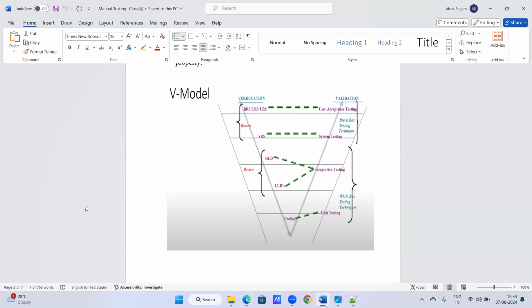These reviews, walkthrough, inspection, these three things come under static testing techniques. We call them techniques, not testing. What testing we conduct in the form of review, walkthrough, inspection, in detail you can learn in the further session. What is review? What is walkthrough? What is inspection? Okay, so don't worry, you will know about it.